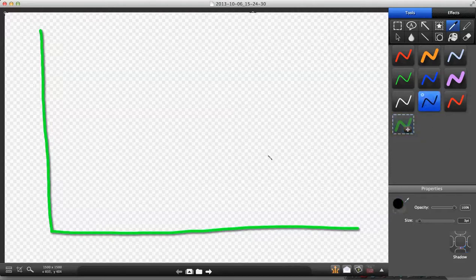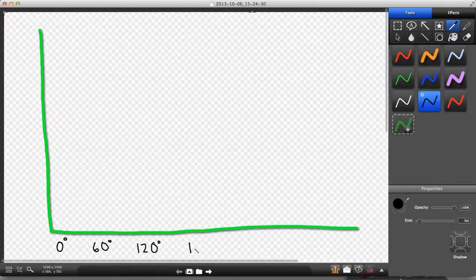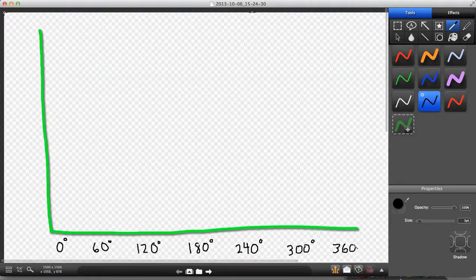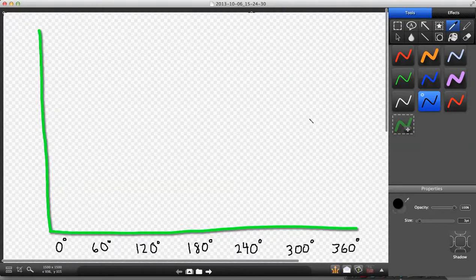And I'm going to want to label this starting at 0 degrees, then 60 degrees, 120, 180, 240, 300, and I'm going to go ahead and tag 360 on here. It is equivalent to 0, but it will show the complete cycle.